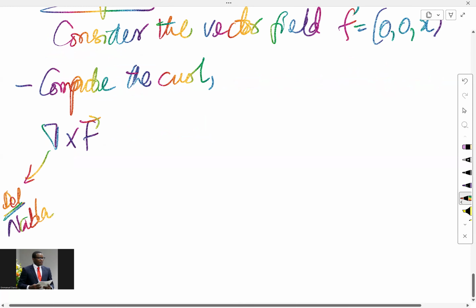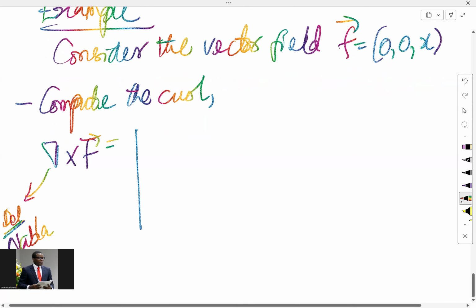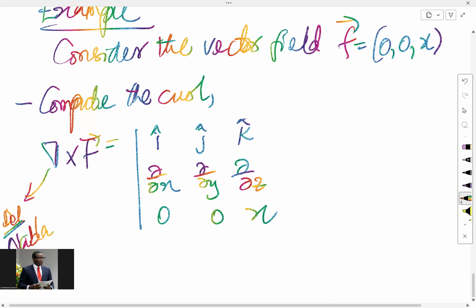So del cross F is equal to a cross product. You already know how to do cross product from our previous video. If you don't know that, you can refer to the vector operations video, which must have been the second video. So you have IJK, then for del you have d dx, d dy, and d dz, and then this is 0, 0, x.